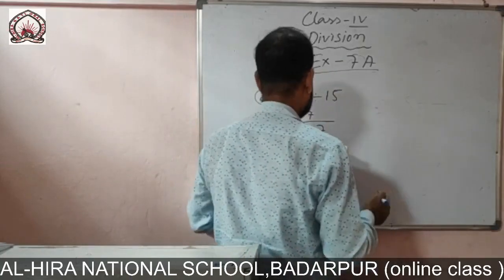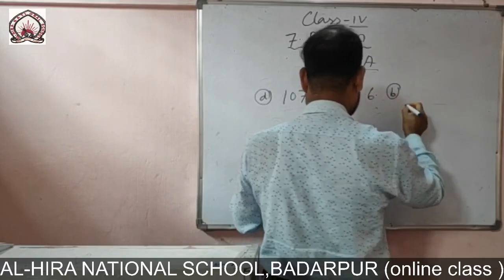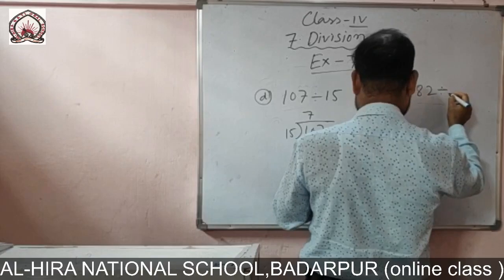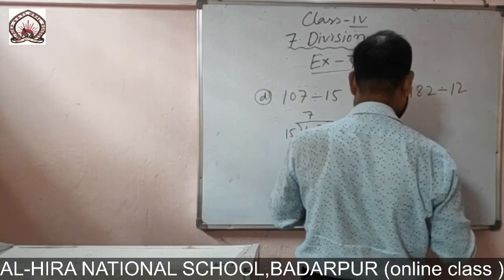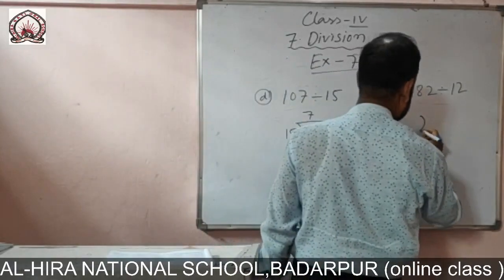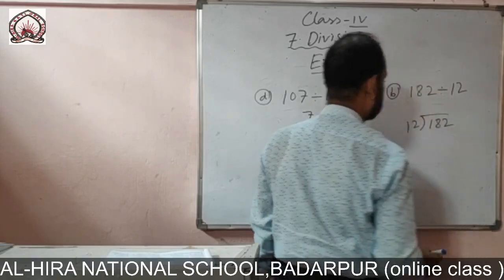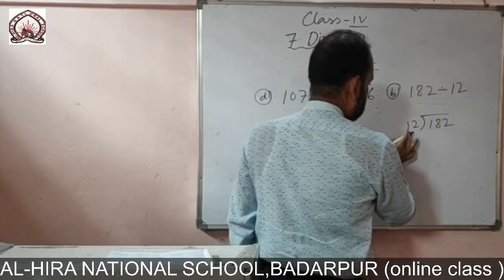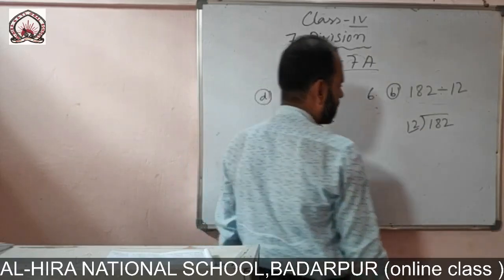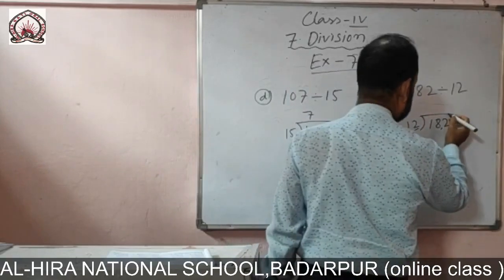Next question number 6B. 182 divide 12. Here 12, 182. So the divisor is 2 digit. So we take first 2 digit here. If we take 2 digit, then we get 18.